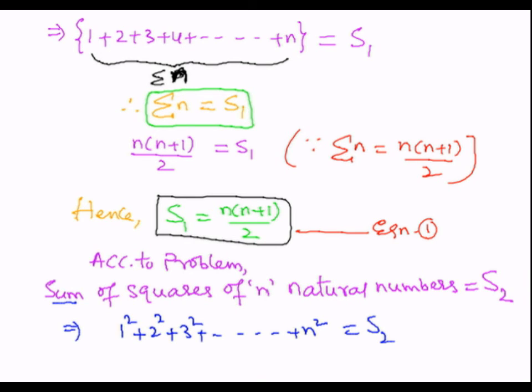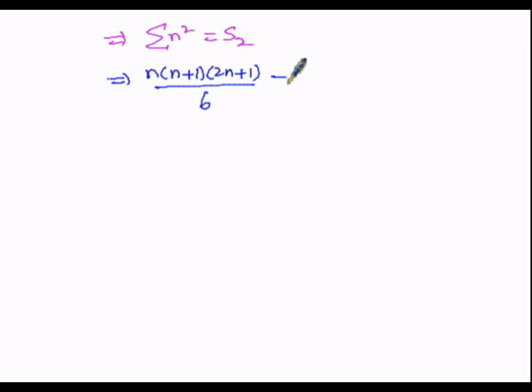Since we are adding up, we can write 1 square plus 2 square plus 3 square up to n square as the sigma of n square natural numbers. So it can be written by means of sigma n square. Therefore the next logical step: sigma n square is equals to S2. But here we know that sigma n square can be replaced by n into n plus 1 into 2n plus 1 overall divided by 6, that is equal to S2.